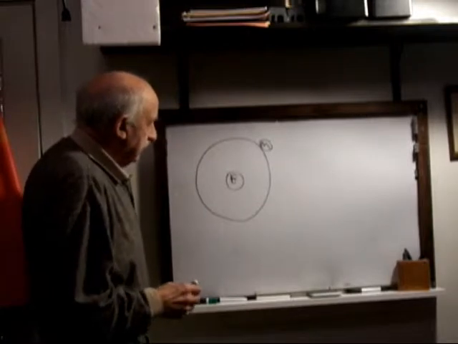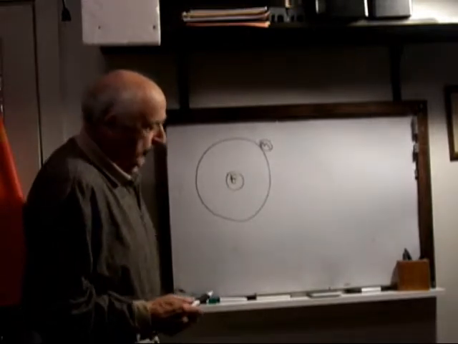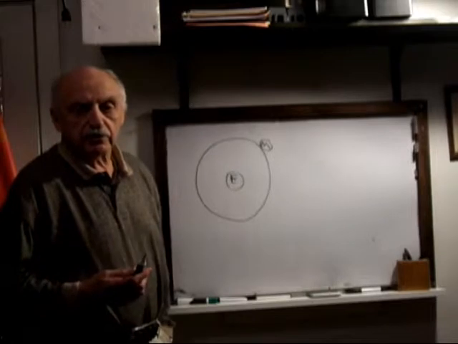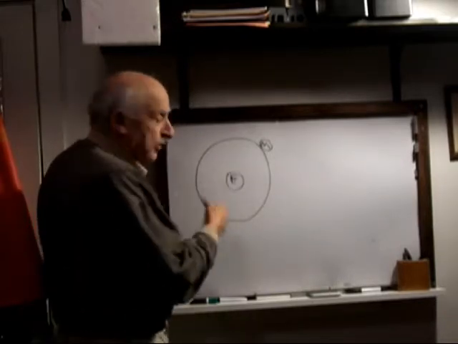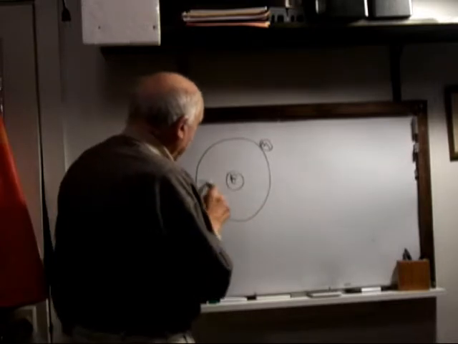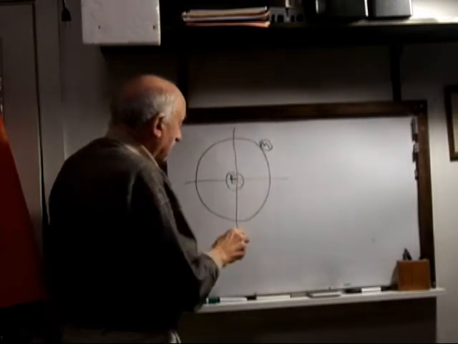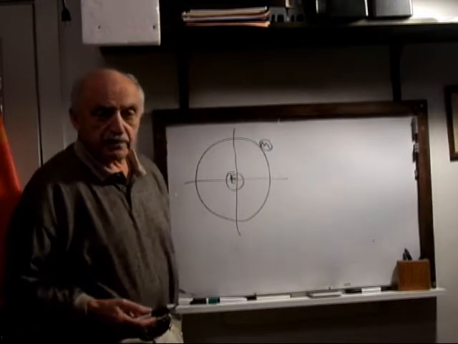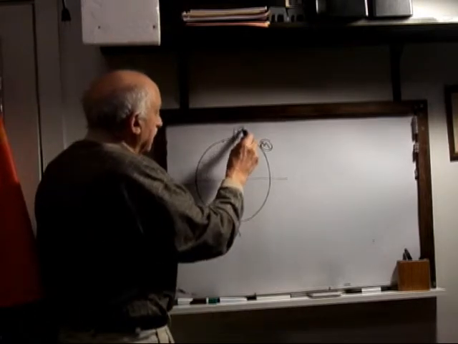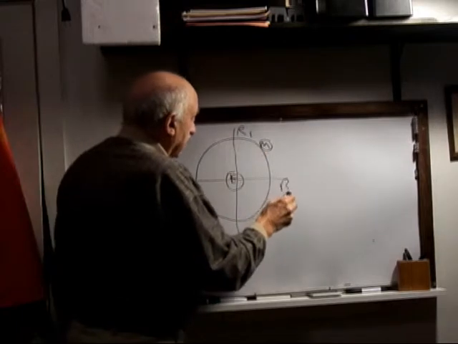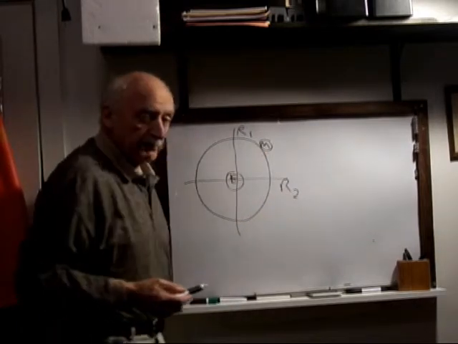And I'm going to describe the Moon's situation now. It's pretty well circular. We can draw coordinates of space to represent the two dimensions of space occupied by the Moon, R1, and we'll call the other R2.